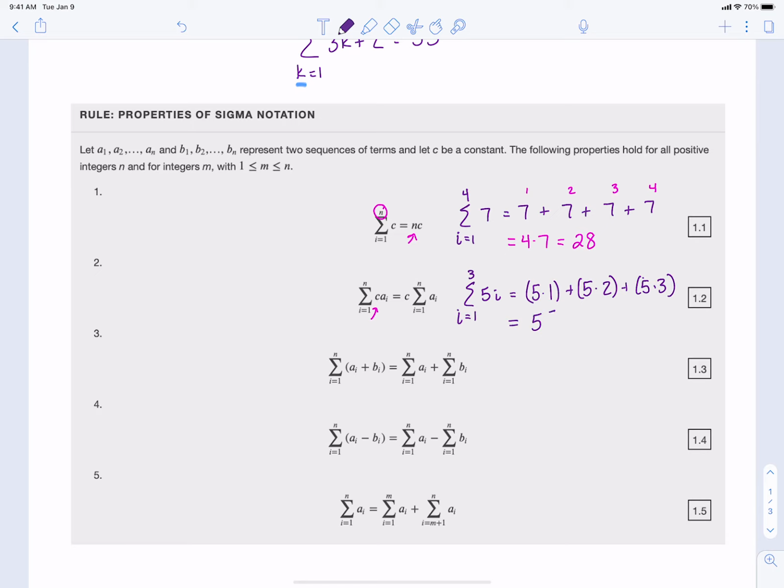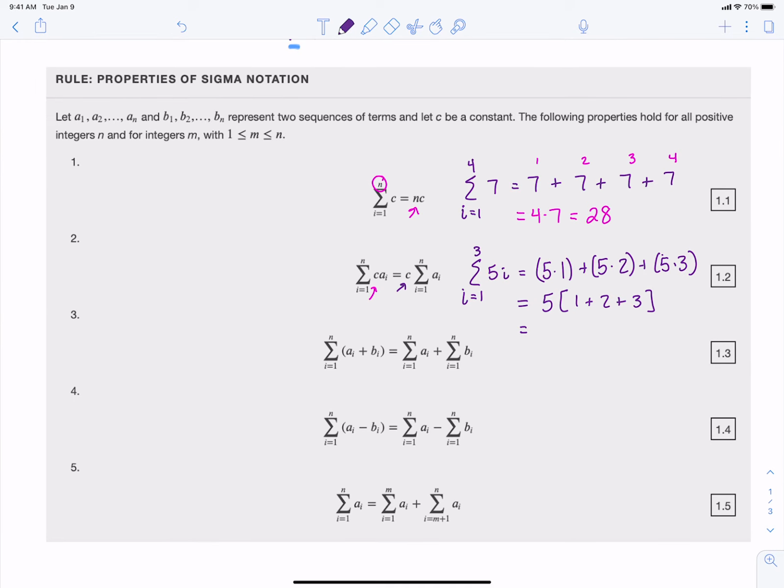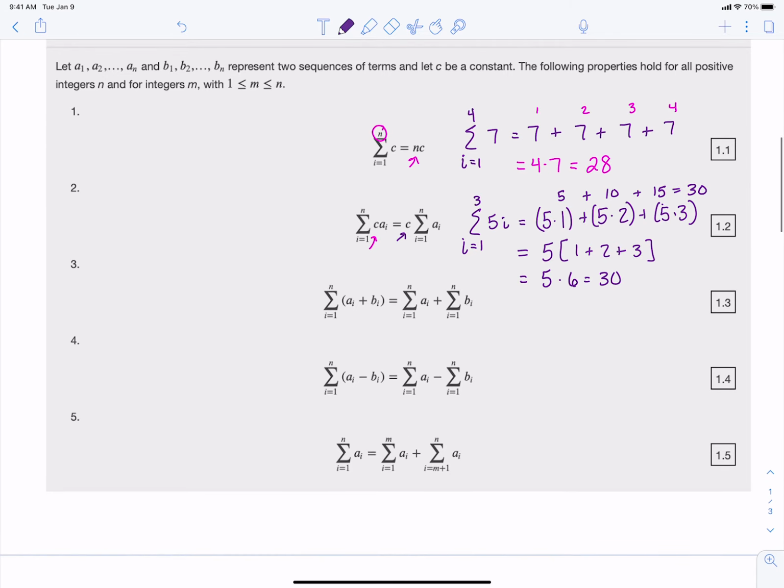We could factor that 5 out and get 1 plus 2 plus 3. So that's really all this is telling us, that you can factor that constant term out and you get the same thing. 5 times 6 gives you 30, as if we did each of these individual multiplications, 5 plus 10 plus 15, we still get 30. So you get the same thing either way.